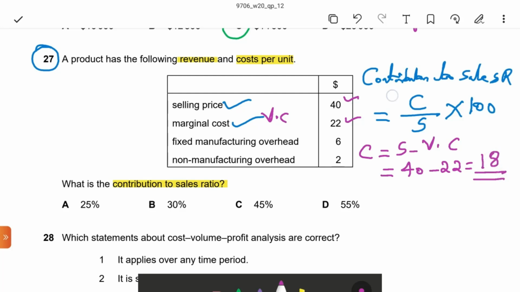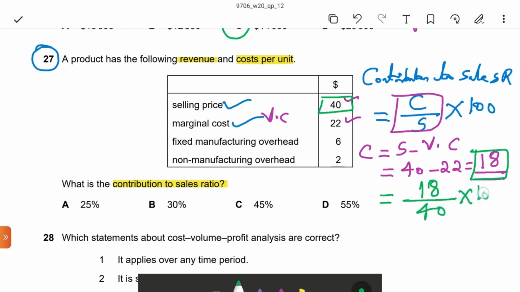Now we can apply the equation, C by S. C, the contribution, is 18. Sales is 40. So 18 divided by 40 multiplied by 100 is equal to 45%. So the correct answer is C.